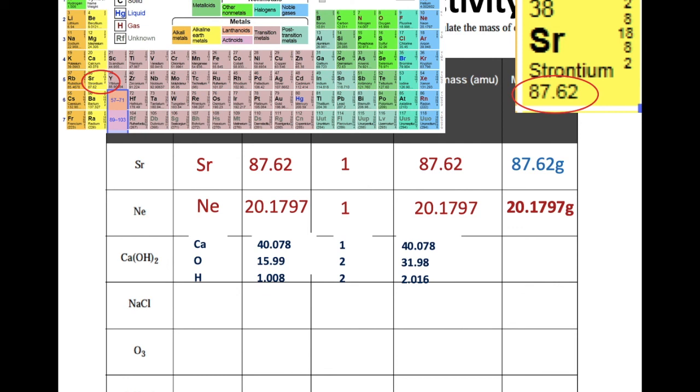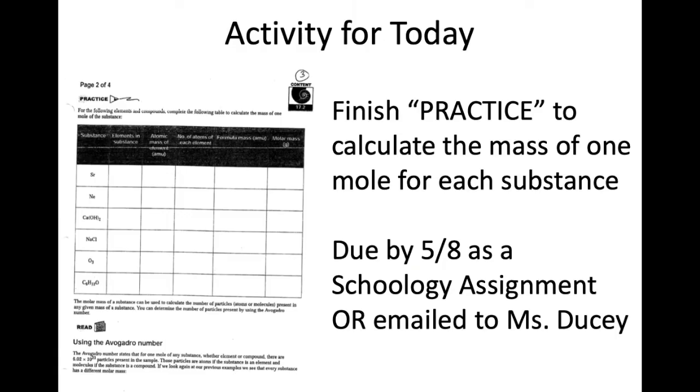Then I need to multiply the atomic mass times how many of that element I have to get the formula mass for each individual element. My final step is going to be to add up all the formula masses to determine my molar mass in grams.